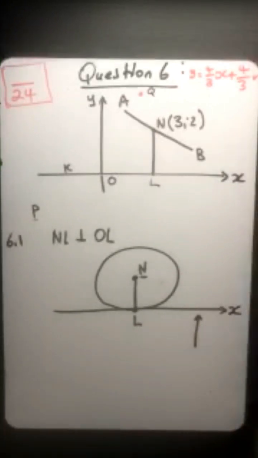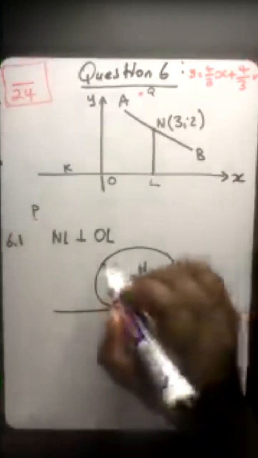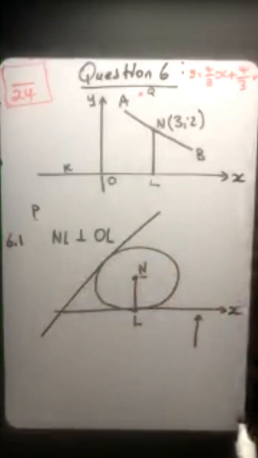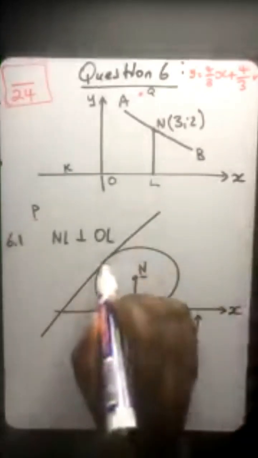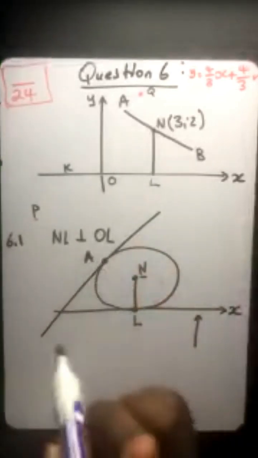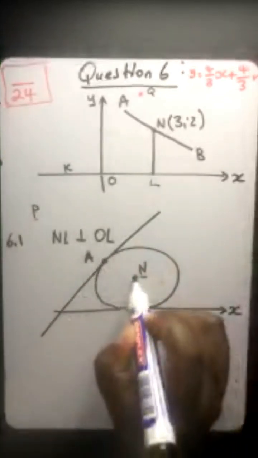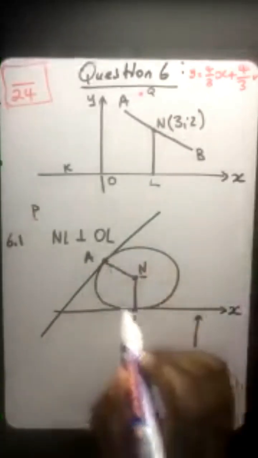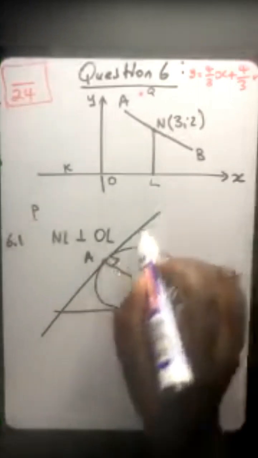Maybe let me add on to that. So we have this line which is tangent to that circle at that point A. For that reason, it already makes AN perpendicular to that line.